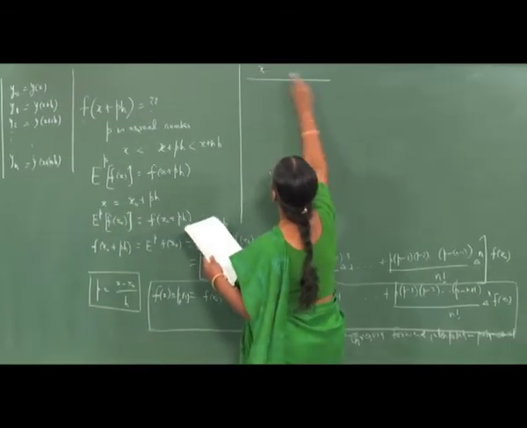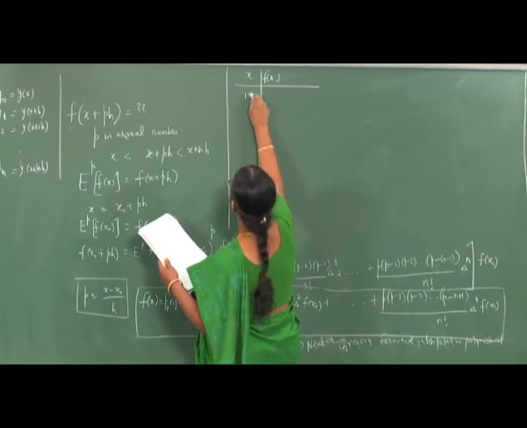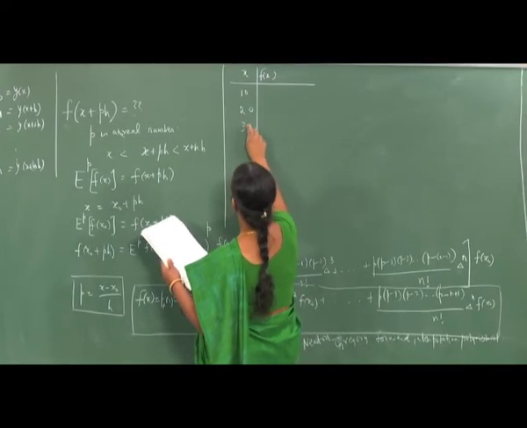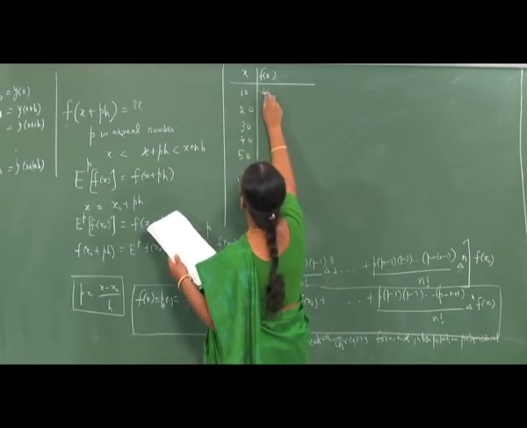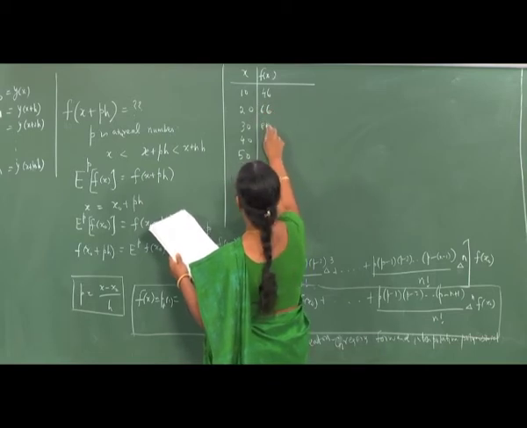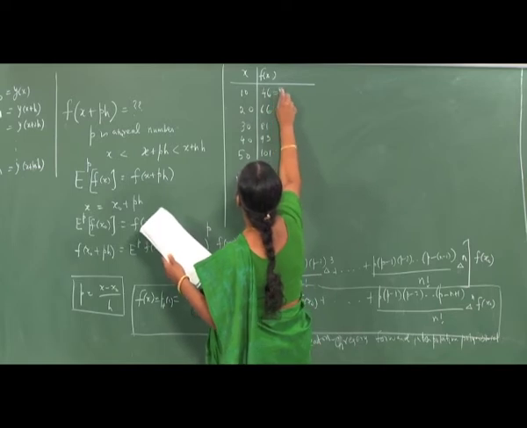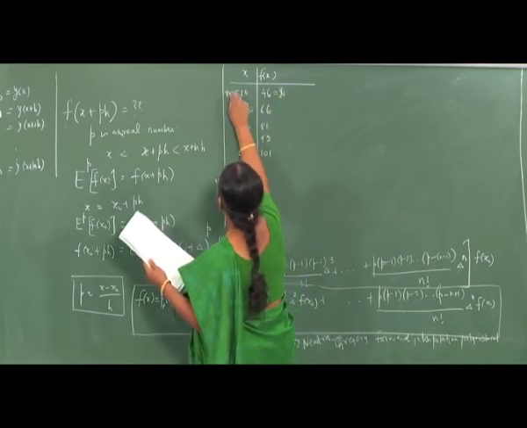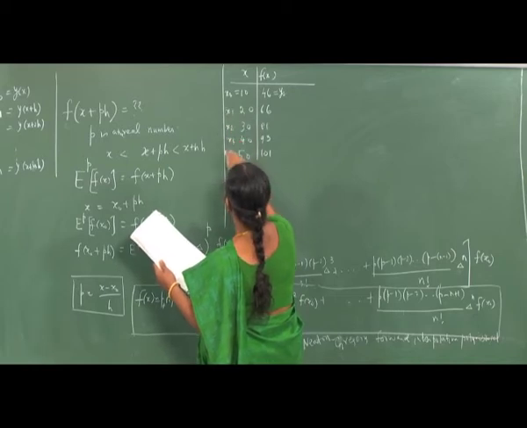You are given the x values and the function values at, say, 10, 20, 30, 40, 50, and the function values are 46, 66, 81, 93, 101. So, we know that this is y naught and this is x naught, x1, x2, x3, x4.